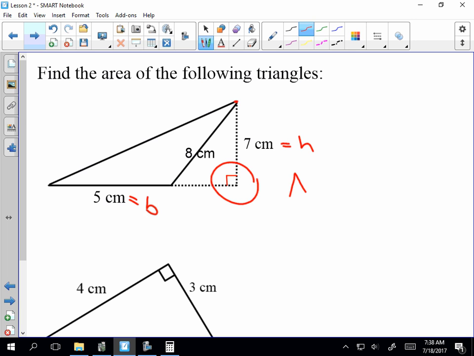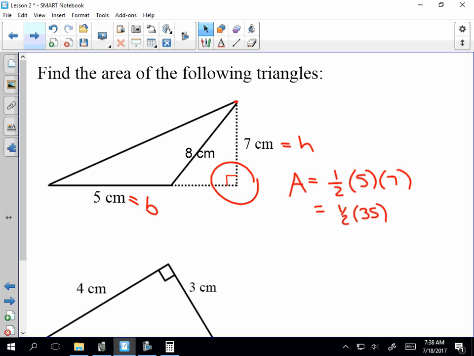So if we're going to find our area here, we have 1/2 times our base measurement of 5 times our height measurement of 7. So we have 1/2 of 35, and 1/2 of 35 is 17.5, I believe, right?